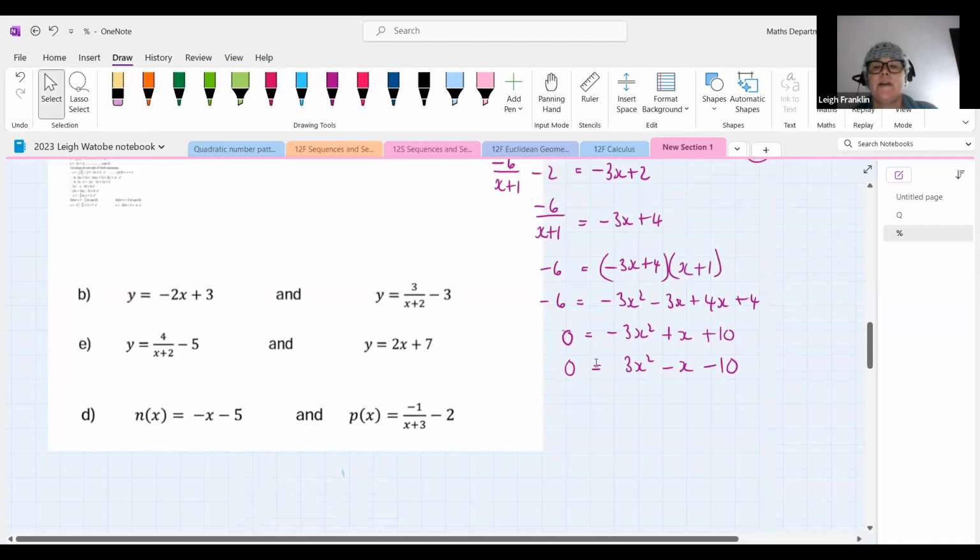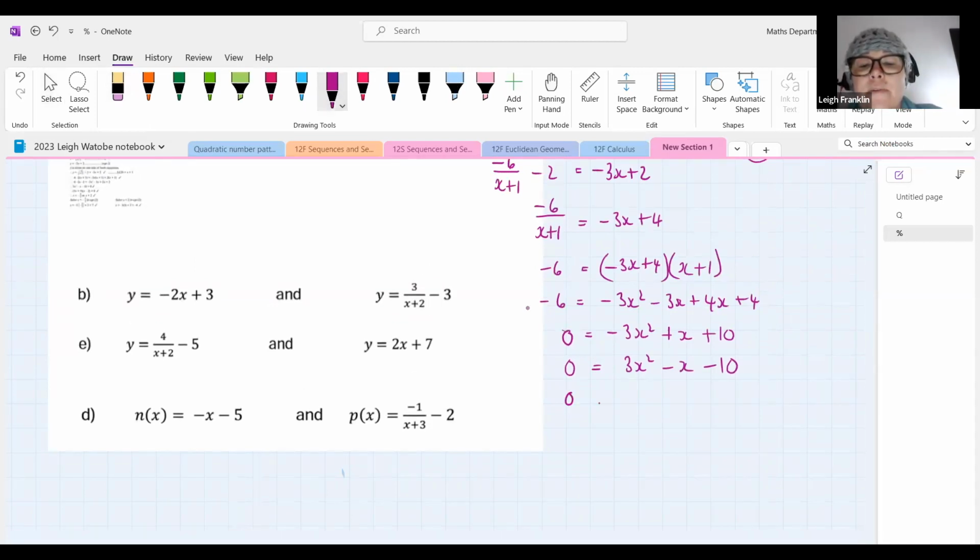If you were factorizing, you'd end up with 3x and x. I'm going to put the 5 there and the 2 here so that we get -6 plus 5, which gives us the -1 in the middle. So x would be equal to -5 over 3, or x would be equal to 2.